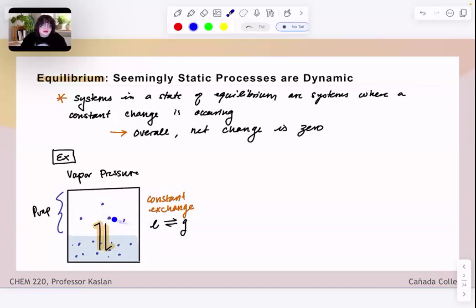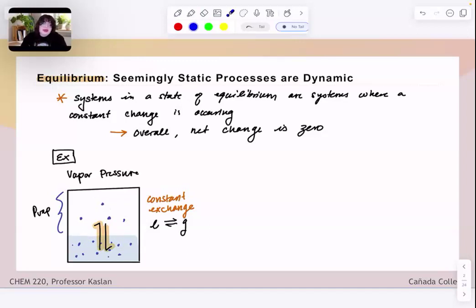That's what gives rise to this vapor pressure. But then if it finds this boundary layer again, it will go back down into the liquid phase. And this process repeats over and over again, going from the vapor phase down into the liquid phase, into the vapor phase, and down into the liquid phase.